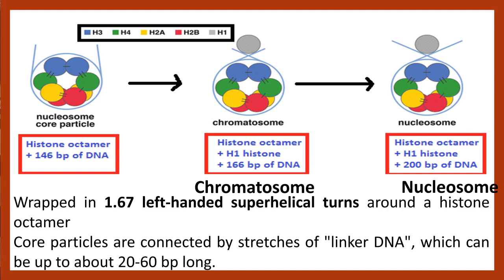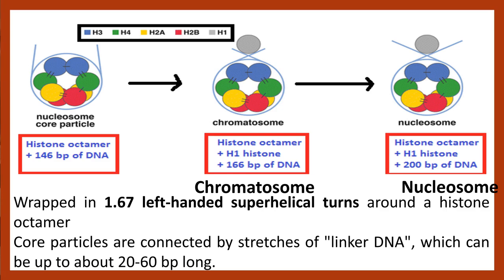So the sequence is: the basic template of the nucleosome, where the octamer core is there plus 146 base pair. Then we have the chromatosome, where histone octamer, H1 histones plus 166 base pair, 146 from before and 20 extra base pair. And the third is the nucleosome, the final structure, where the histone octamer is there plus 200 base pairs and H1 histones.